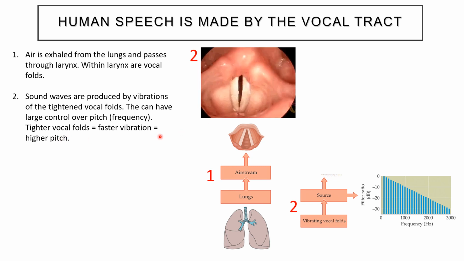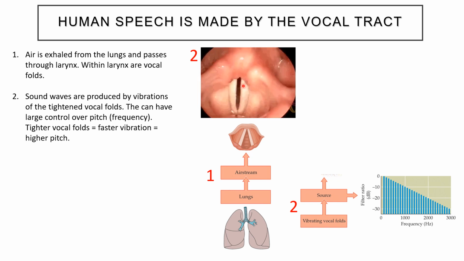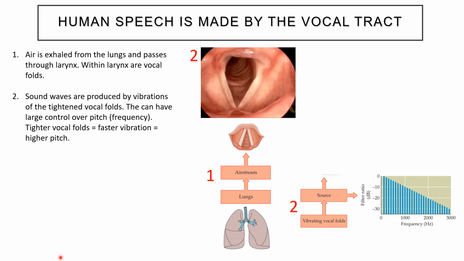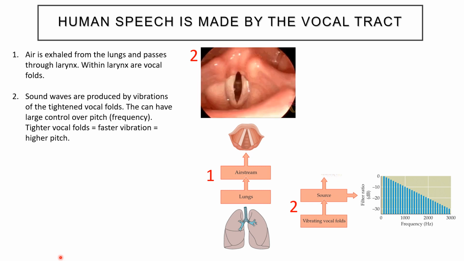The tighter the vocal folds, the faster the vibration, the higher the pitch. All of us can increase our pitch a little bit. I've got a relatively low pitch that is my normal speech, but I can increase my speech like this. I can speak with a higher vocal fold frequency. Yeah, just like this. Sound a little bit like Mickey Mouse.